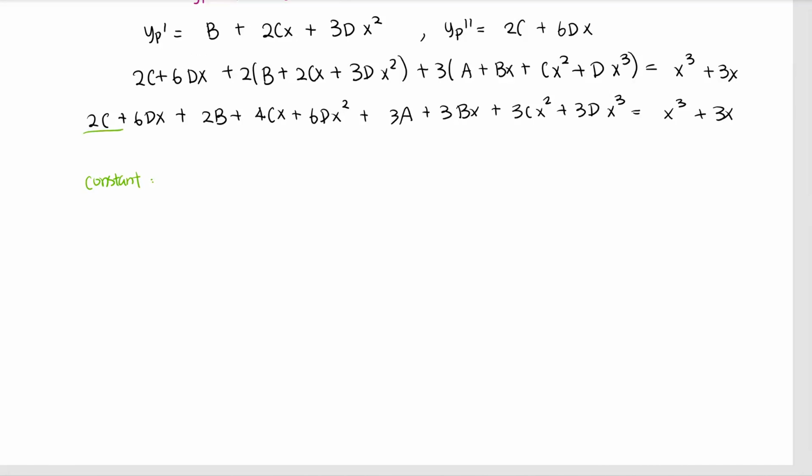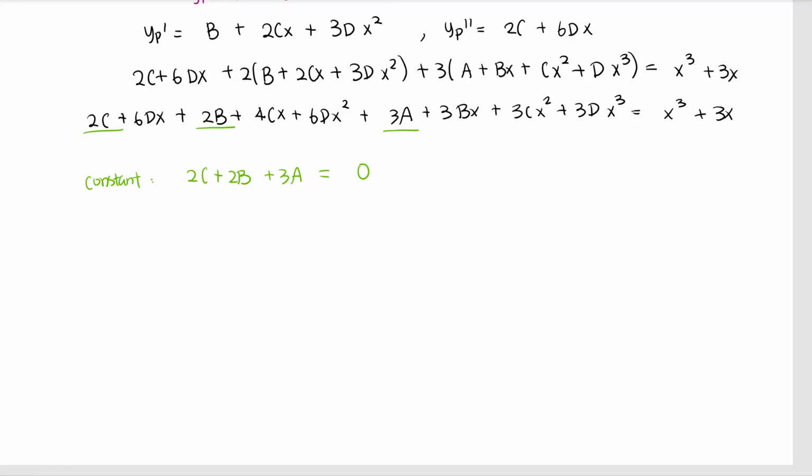On the left we have 2c, 2b, 3a. On the right-hand side we don't have any constant term, so that equals 0. So far so good, everybody.